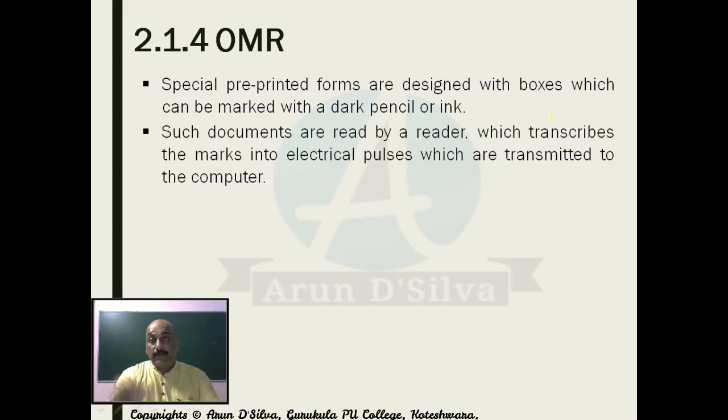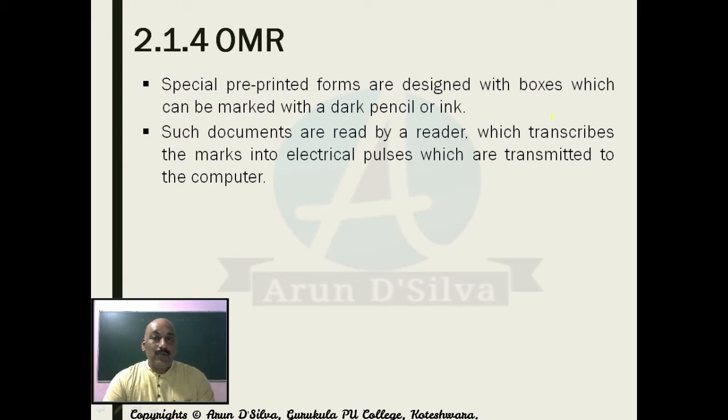One specific paper will be there, and the format will be in that format itself. That document will be read by one specific reader, what we call the OMR scanner. It will be converted into electrical pulses, and that will be transmitted to the computer.